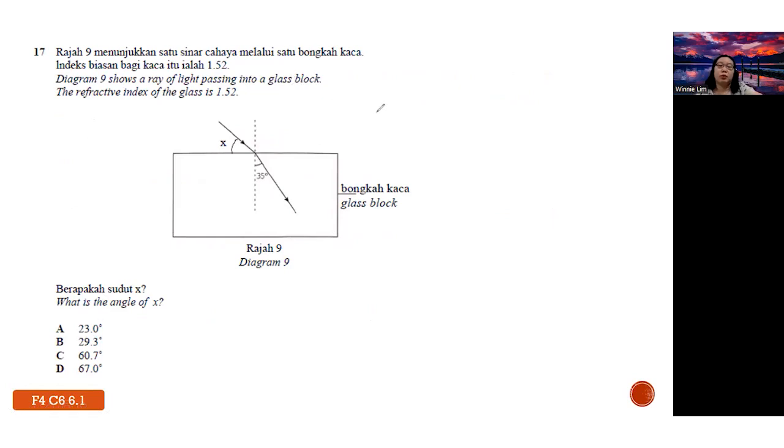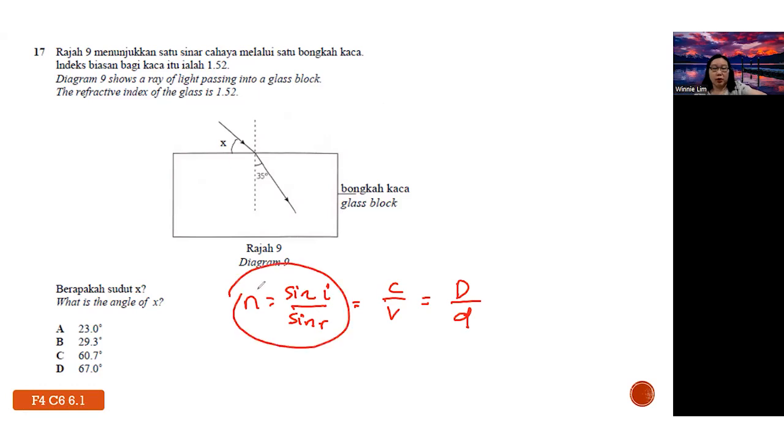There are 3 ways to find the refractive index: n equals sin i over sin r, or speed of light in vacuum over speed of light in medium, or real depth over apparent depth. But in this question we focus on this one because they give you the angle.